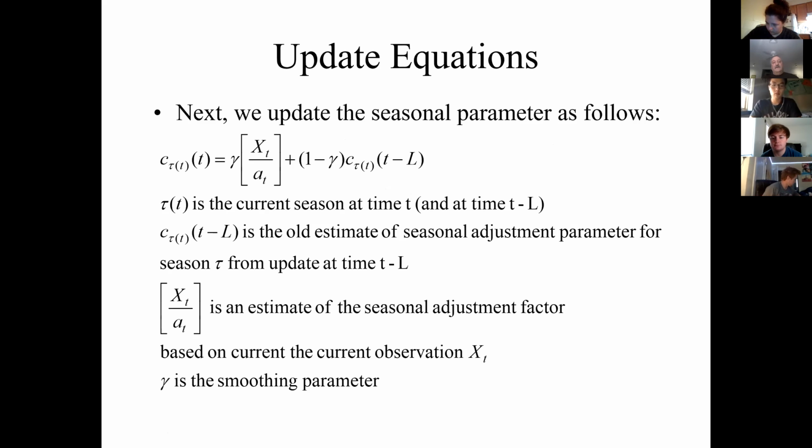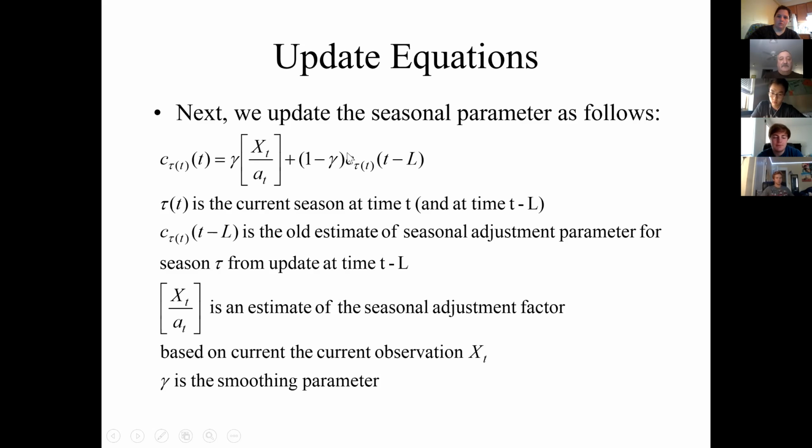And then finally, we update the seasonal adjustment factor, right? So a of t is the current level, not accounting for seasonality. So if we take x of t divided by a of t, that's an estimate of the seasonal adjustment factor based on our most recent observation, x of t. So this is one estimate of the seasonal adjustment factor for this month.